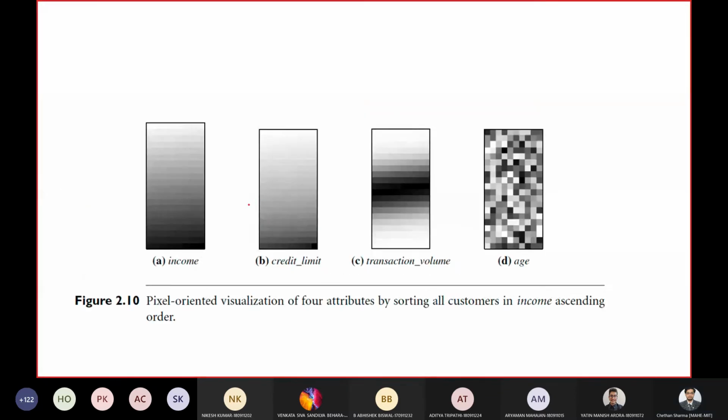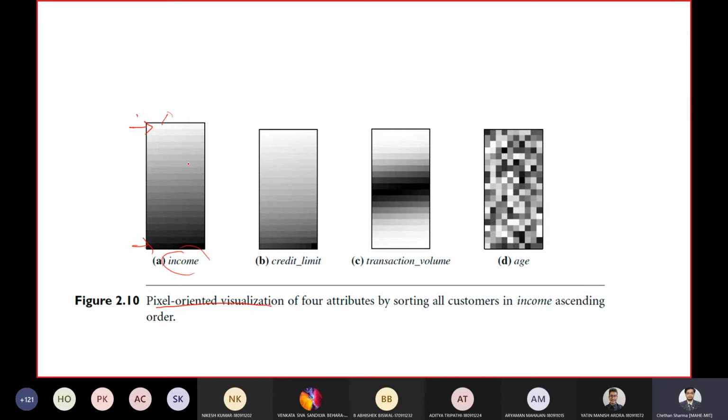Here, the main logic of the pixel oriented visualization technique is the color of the pixel. The lightest color gives you the smaller value, and the darkest color gives you the higher value. For example, if you consider this attribute, the lightest color, that is white, tells that the income is very low, and the darkest color, that is jet black, tells that the income is very high.